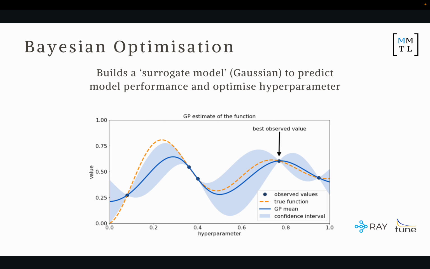But it builds a surrogate model to predict what hyperparameters might actually work for your specific model, and then it provides recommendations on what the hyperparameters should be, okay? This is starting to get quite complex. This is not stuff that you need to know, but you do need to know that it exists. This is how industry actually finds the perfect hyperparameters, okay?